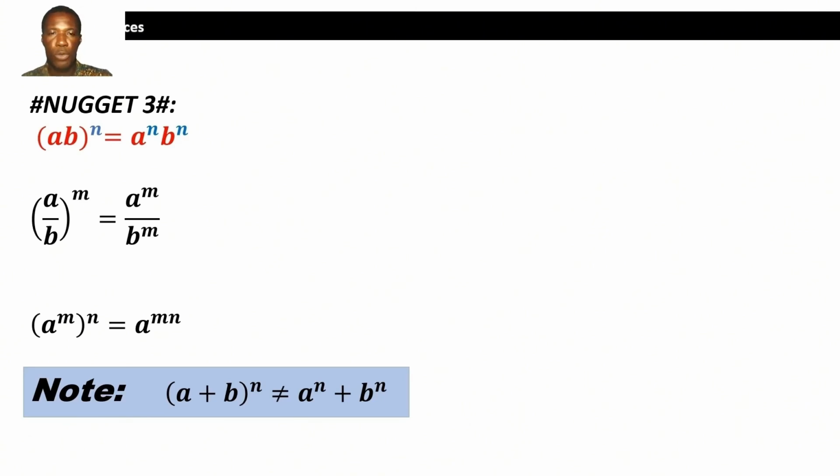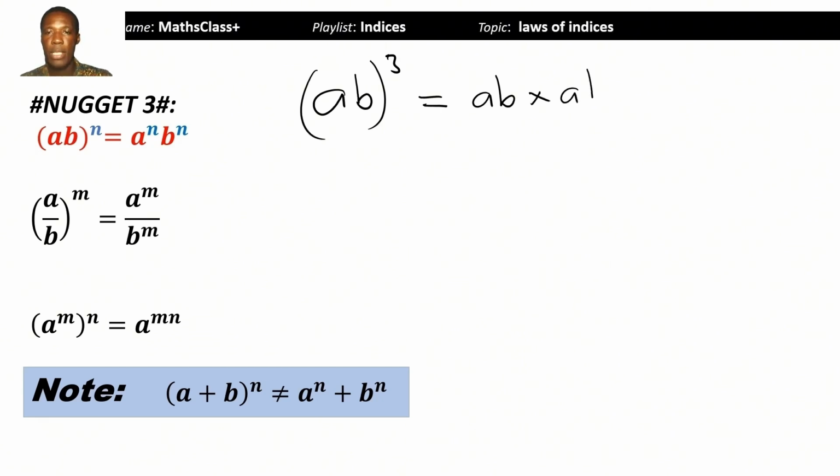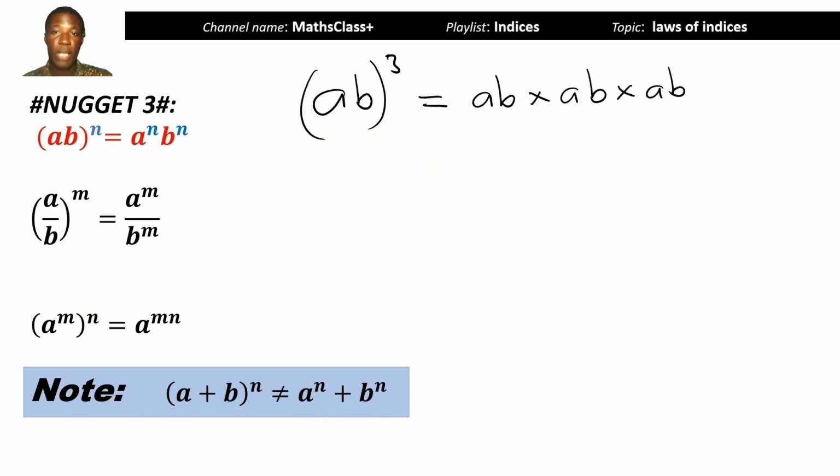The third law: if I have two numbers multiplying, so ab to the power 3, then I can rewrite it as ab times another ab times another ab. That's what it means. The base is a pair of numbers.